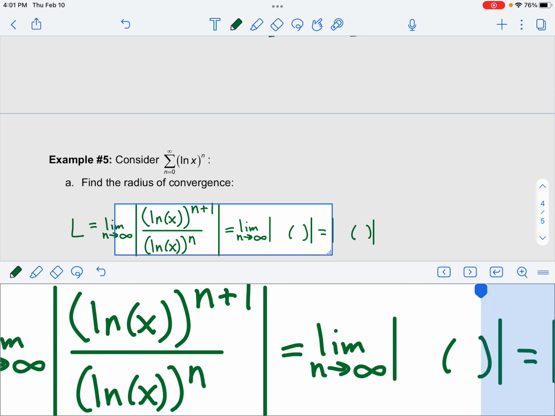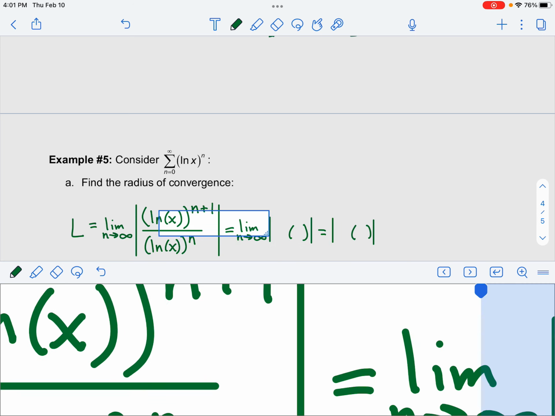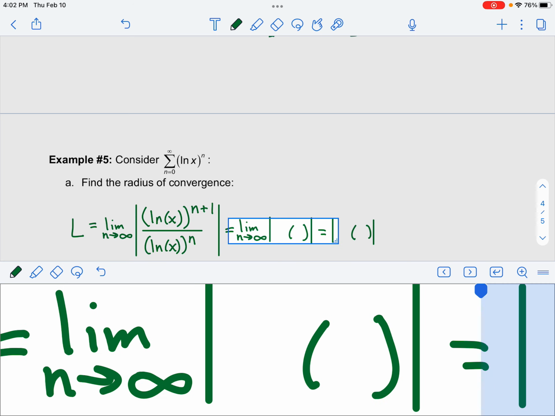Now, good news, same base. I can subtract the exponents. And so this is a limit as n approaches infinity of just the natural log of x. Technically, it's all to the first power, but I don't need to put it in parentheses and say first power.